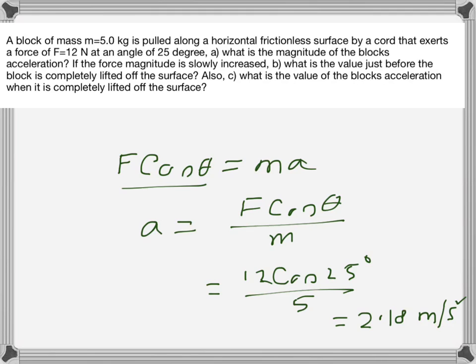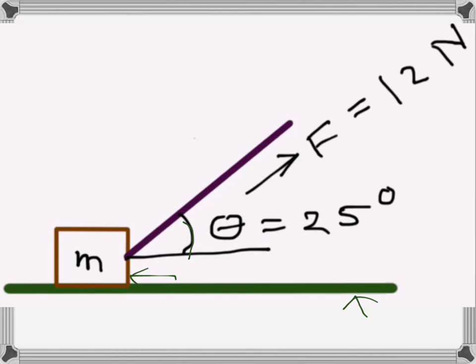Then the second part is: if the force magnitude is slowly increased, what's the value just before the block is completely lifted off the surface? As the force magnitude increases, there will be a point when the object will be totally lifted from the surface, so it will go upwards.